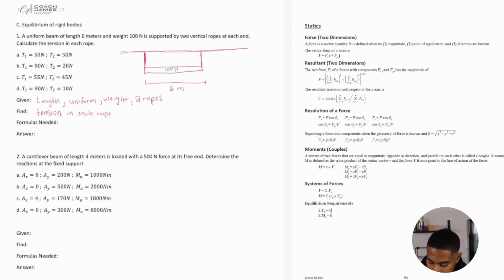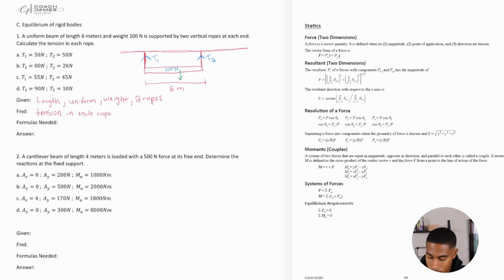So what does our force diagram look like? Where are the forces going? We got this 100 newtons coming down, and then we have tension, this rope coming up, and we got more tension. So we'll just say this is T1, T2. All right.